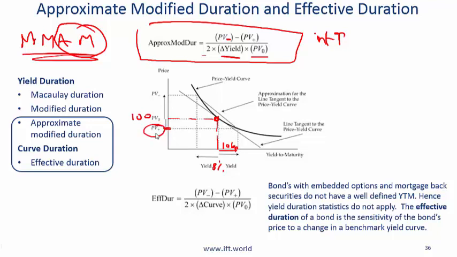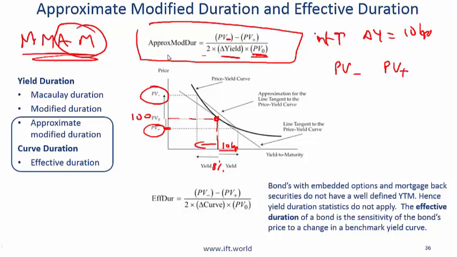So you have the PV positive. And then what if interest rates are decreased by 10 basis points? Then you will have PV negative. So it is conceivable that you are given PV negative, you are given PV positive, you are given that delta y is equal to 10 basis points, and you are given PV naught, which is the initial value, and you are asked to compute the approximate modified duration. And you just plug and play.